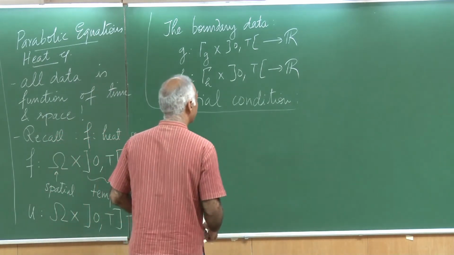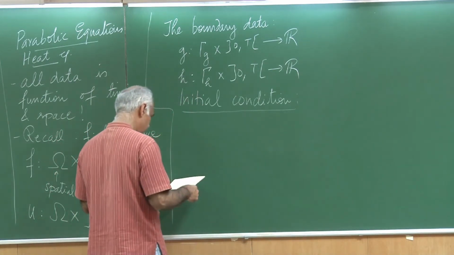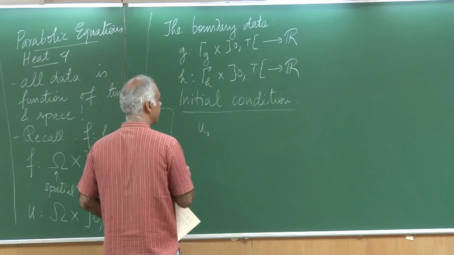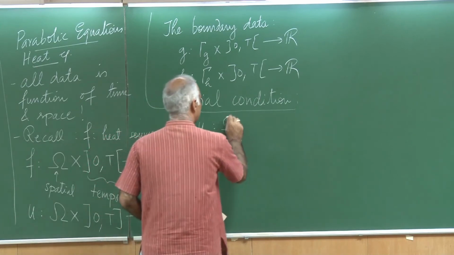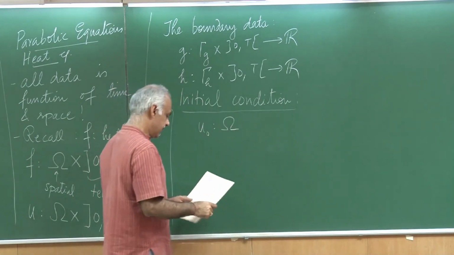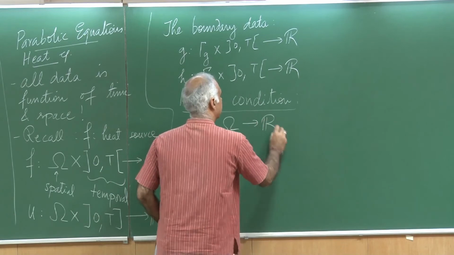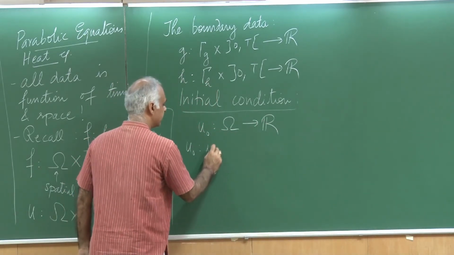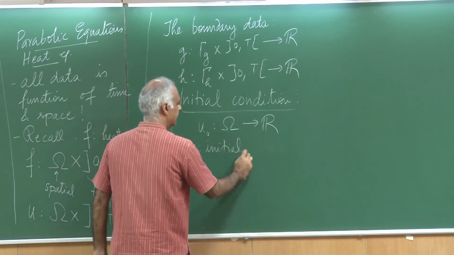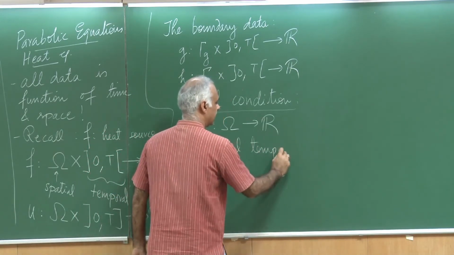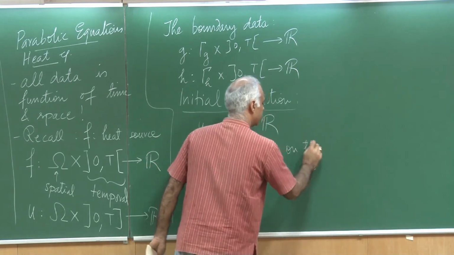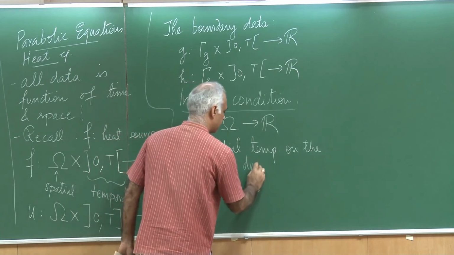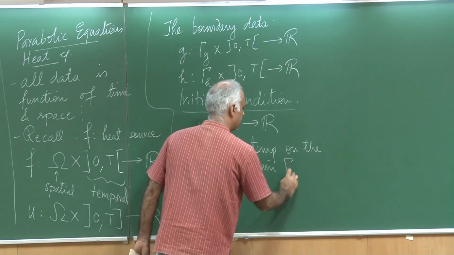So, we are going to use a quantity u0, and we will say that u0 is defined on this domain omega, and it is a real valued function. So, u0 is the initial temperature on the entire domain omega.